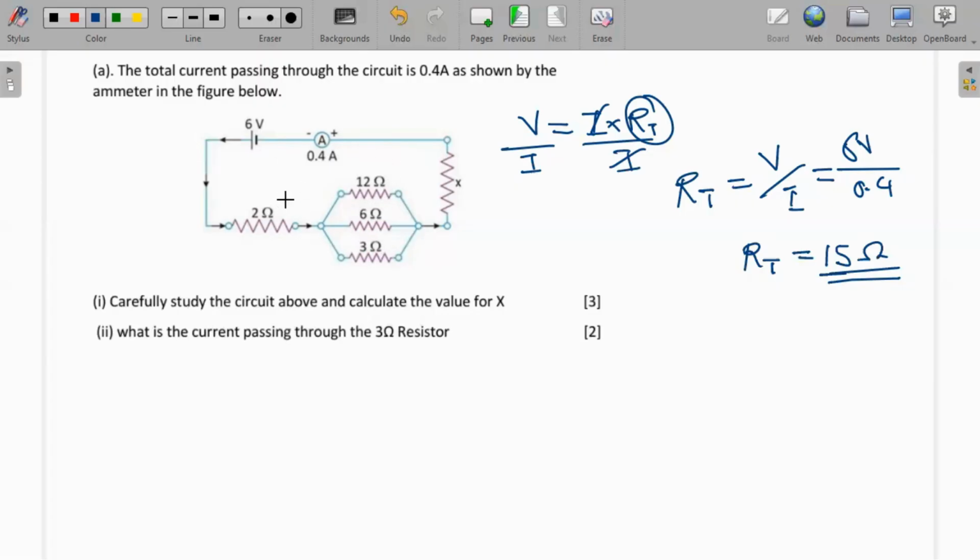You can notice the 2 ohm resistor is in series with this parallel combination, which is in series with X. So what are we supposed to do first? We're supposed to find the total resistance of the parallel combination, because once we find it, our total resistance will be equal to 2 plus the combination plus X, being equal to 15. You get what we're doing, right? We did the same thing in the previous question.